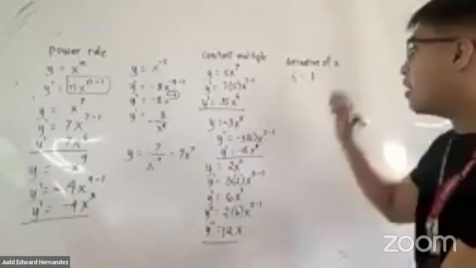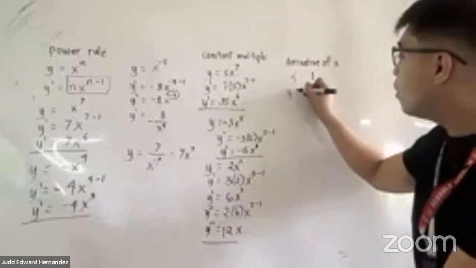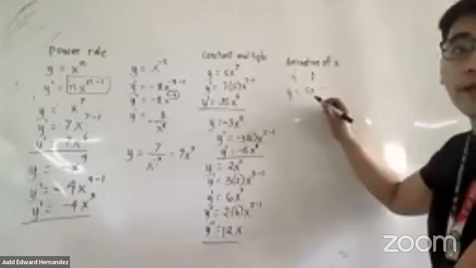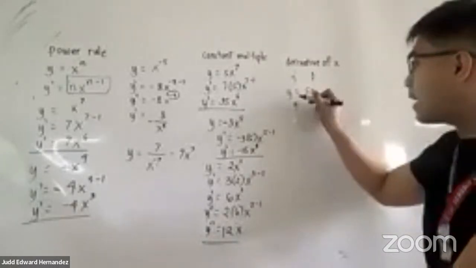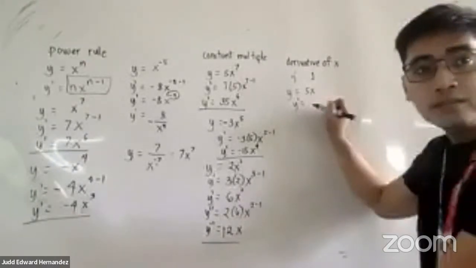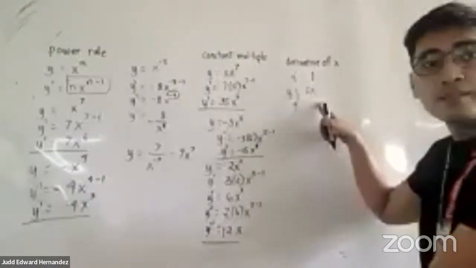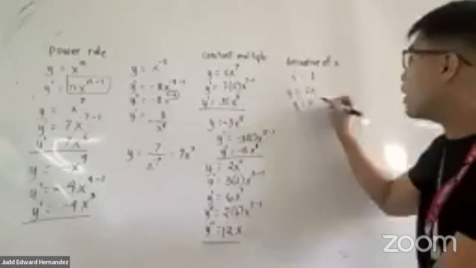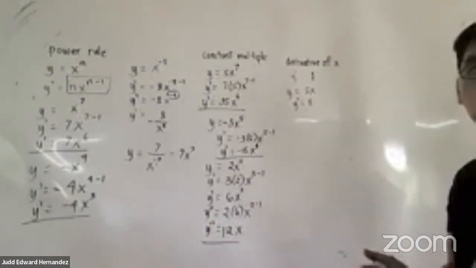Okay, tatandaan nyo na. Bakit? Kasi kunwari given ka, y is equal to 5x. What is the derivative of y is equal to 5x? Y prime is equal to... 5 po. 5. Therefore, y prime is equal to 5. Okay.